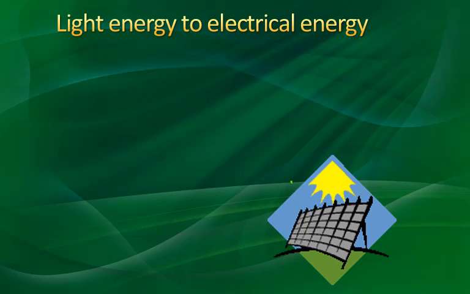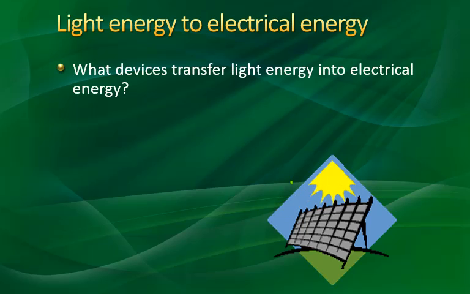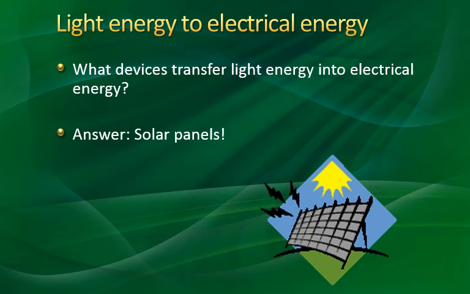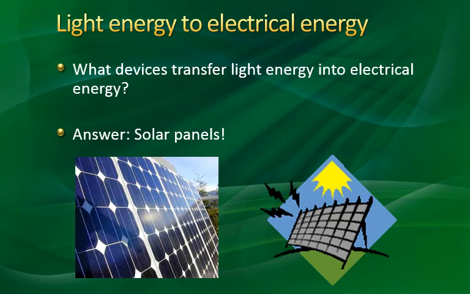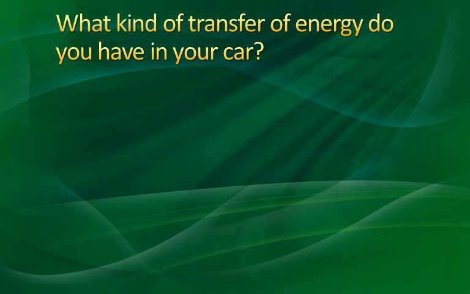Light energy to electrical, so we have solar cells, not panels, right? But solar cells do this, transfer light into electrical energy, and you've seen those, and that's kind of the promoted use for electricity production.